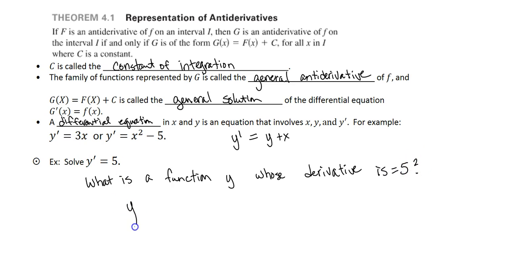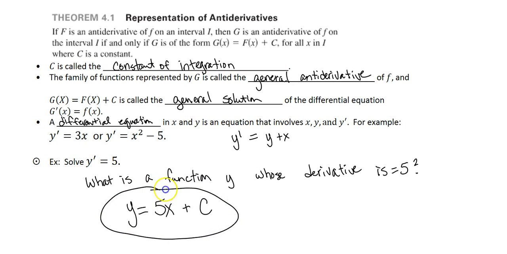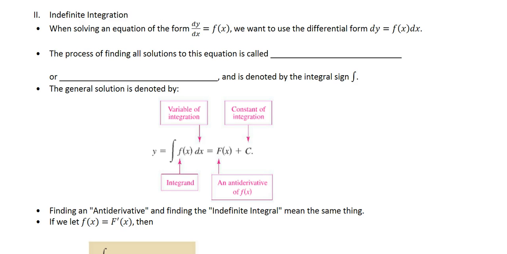Well, the one that I can think of is y equals 5x, and 5x could have any constant added to it because the derivative of the constant is 0. So this would be the general solution of this differential equation. So you can kind of think of antidifferentiation, the antiderivative, as the undo button for the derivative. It basically reverses that process, give or take a constant.